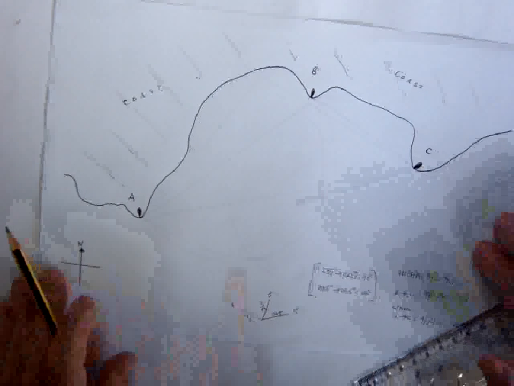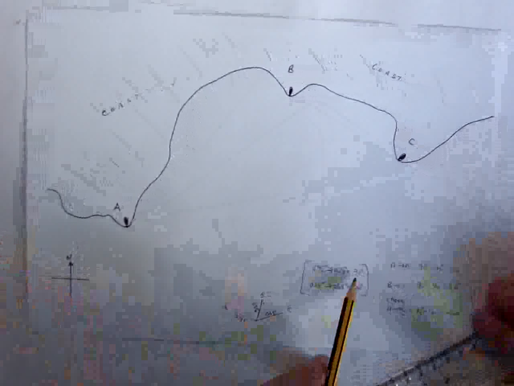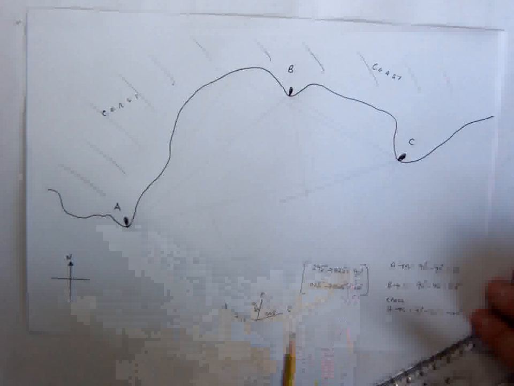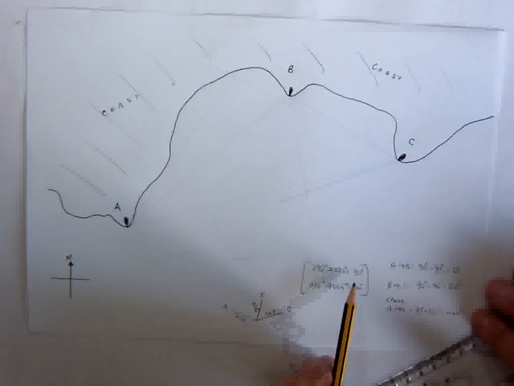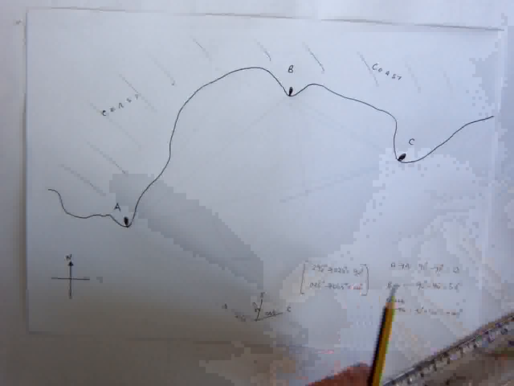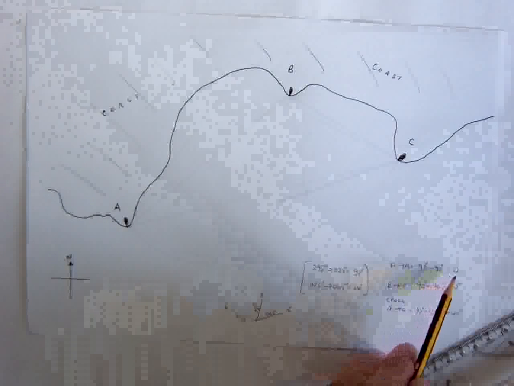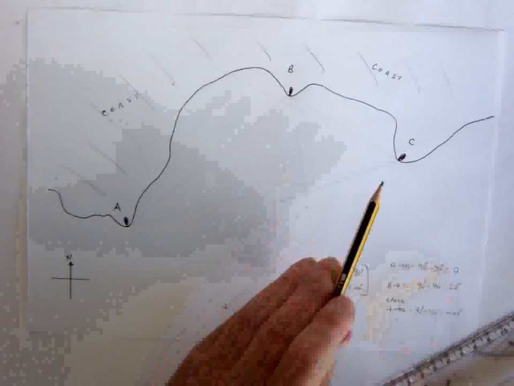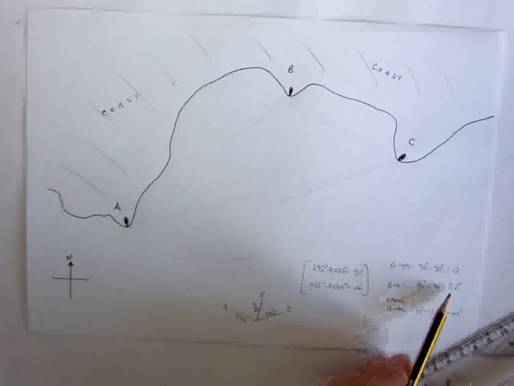Now the way we solve this problem, we subtract these 2 angles, 90 degrees and 40, each of them from 90 degrees. So A to B, 90 degrees minus 90 degrees gives us 0, and B to C, which was the 40 degrees, 90 degrees minus 40 gives us 50 degrees.